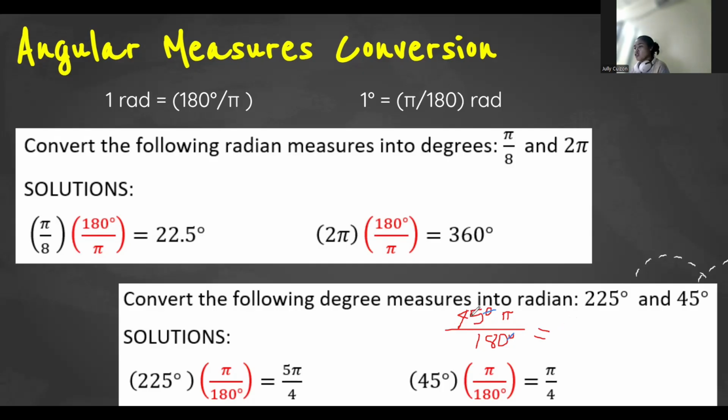So 45 divided by 45 is equal to 1, and 180 divided by 45 equals 4. Since pi raman siya 1 pi, pwede rin ma-invisible ang imuhang 1. So finally, the final answer is pi over 4. So 45 degrees is also equal to pi over 4.